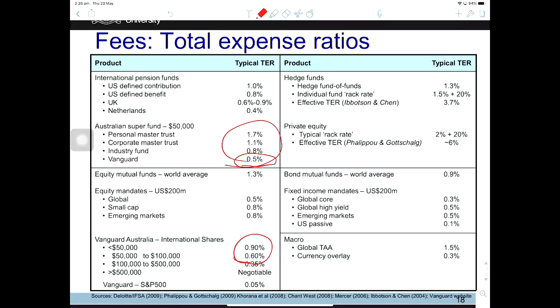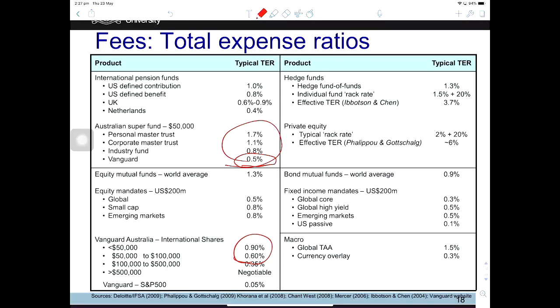Because of the concentrated investment market in Australia, only a few large fund managers take up nearly 90% of the investment market. They do have very strong bargaining power, charging investors very high fees.